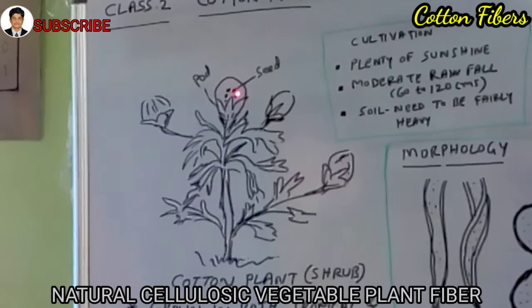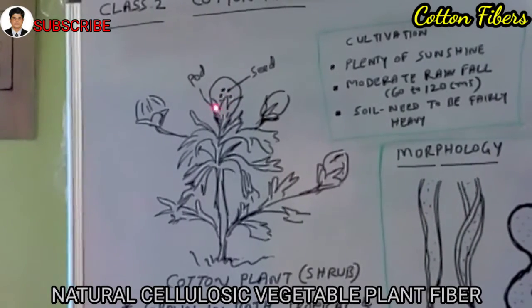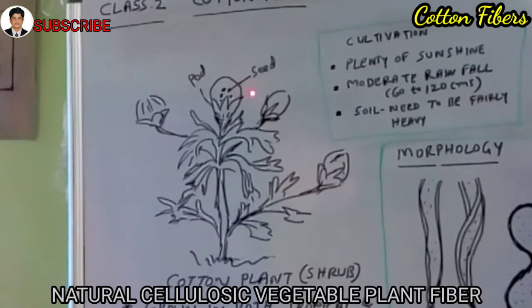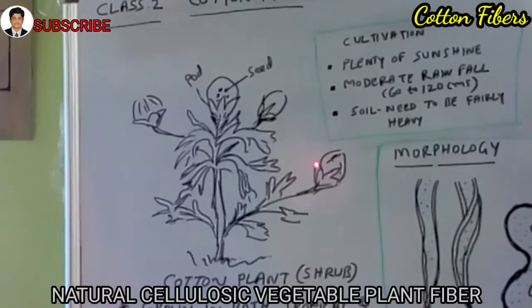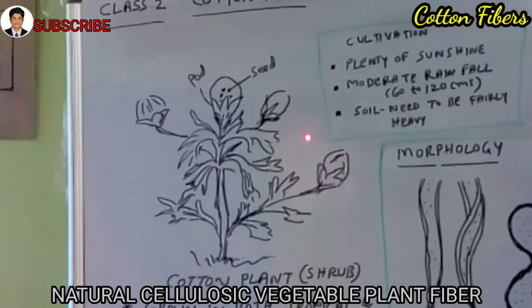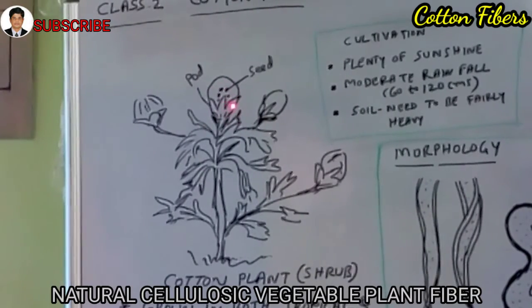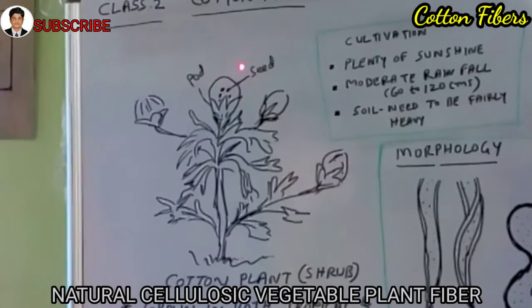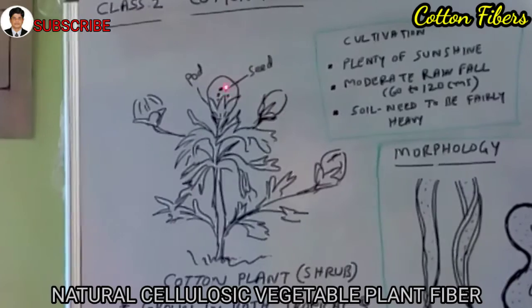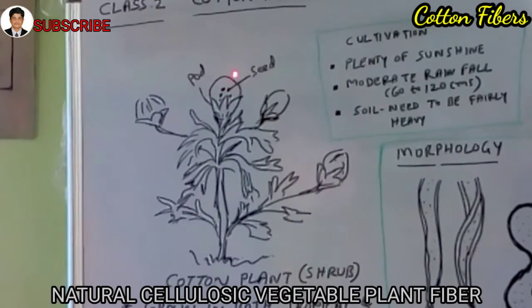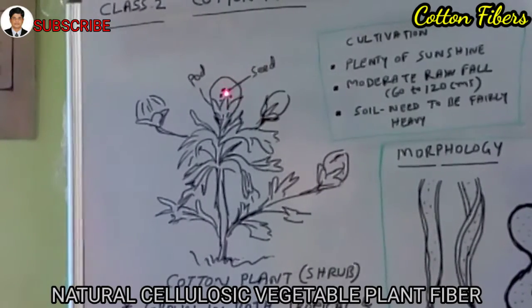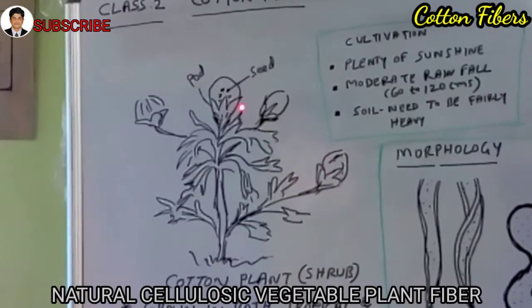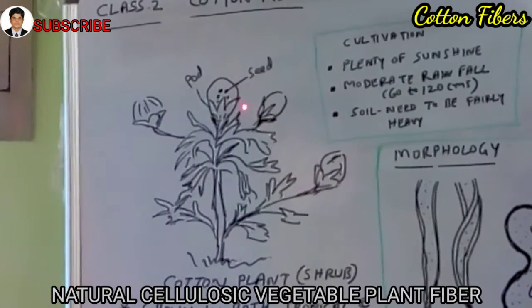These pods are plucked by the farmer, collected and kept for drying. The plucked cotton along with the seed is dried. This plucked cotton fiber along with the seed is called raw cotton fibers.